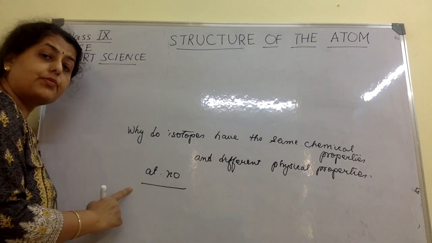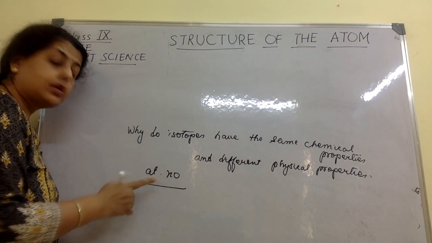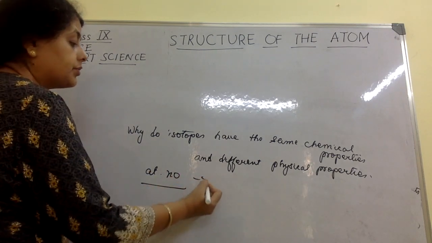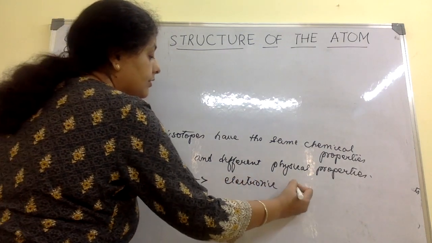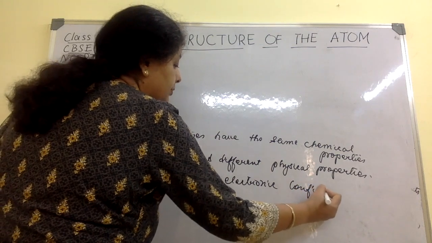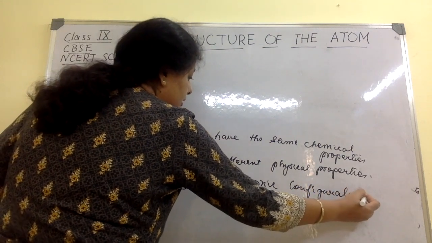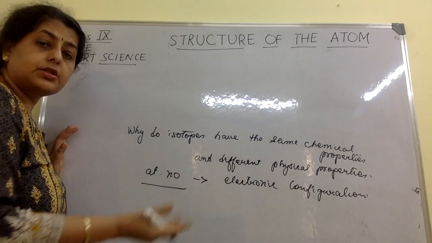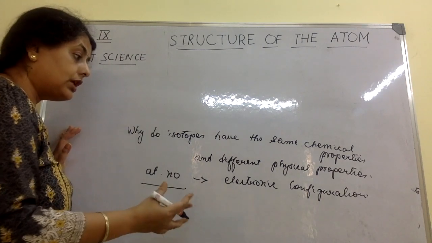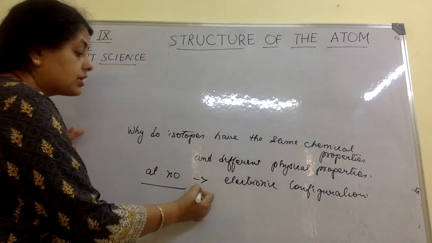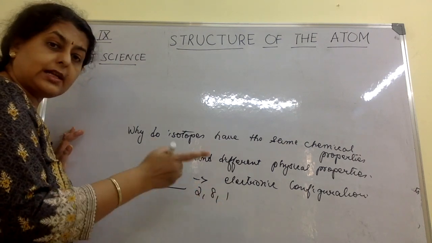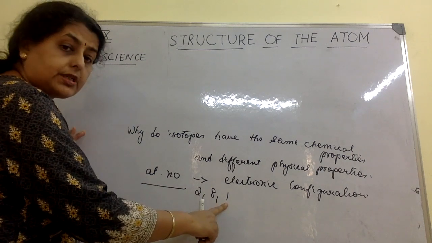Now, what depends on atomic number? The electronic configuration depends on the atomic number, right? Now, if the electronic configuration depends on the atomic number, then supposing it is 2, 8, 1, the electronic configuration will tell us the last orbit has 1.